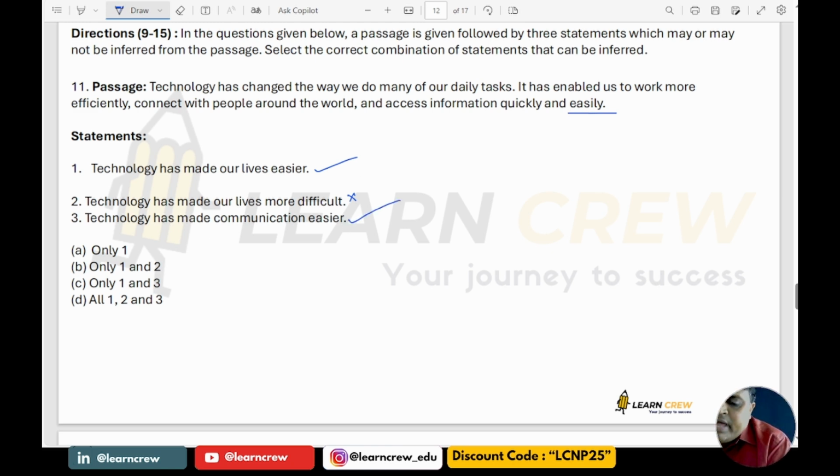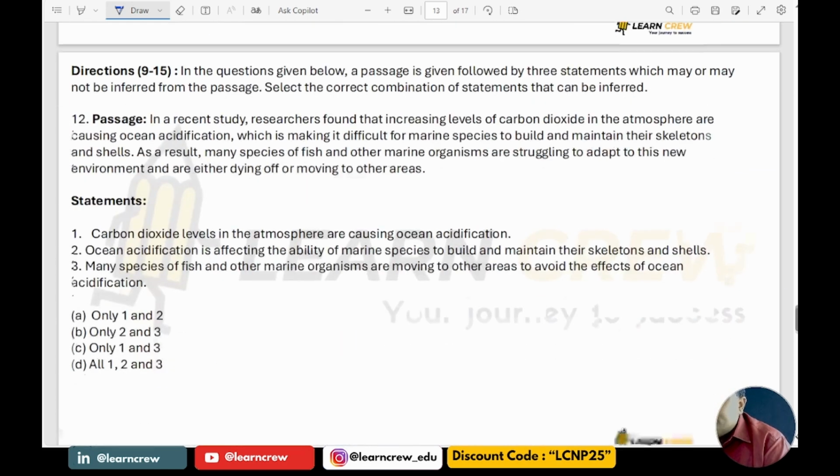It is also a valid inference, because statement 3 is supported by the passage, as it states that technology has enabled us to connect with people around the world, making communication easier. Therefore, we can say now both 1 and 3 are valid inferences for the given passage. So option is C.